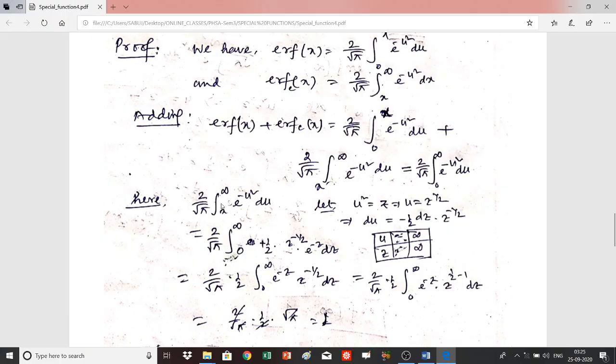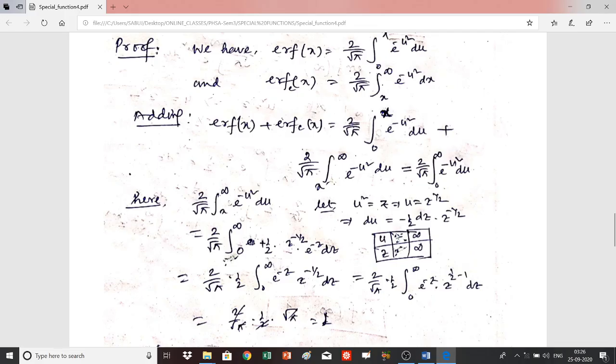Now to compute the value of this integral, let u square be equal to z. Then u will be z to the power half, and du will be half dz, z to the power minus half. It will not be minus half, it will be only plus half, then dz, then z to the power minus half.